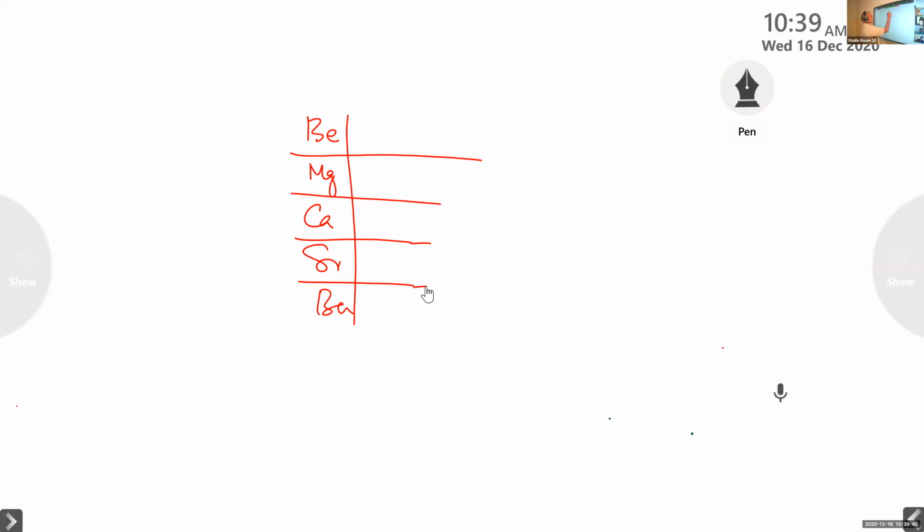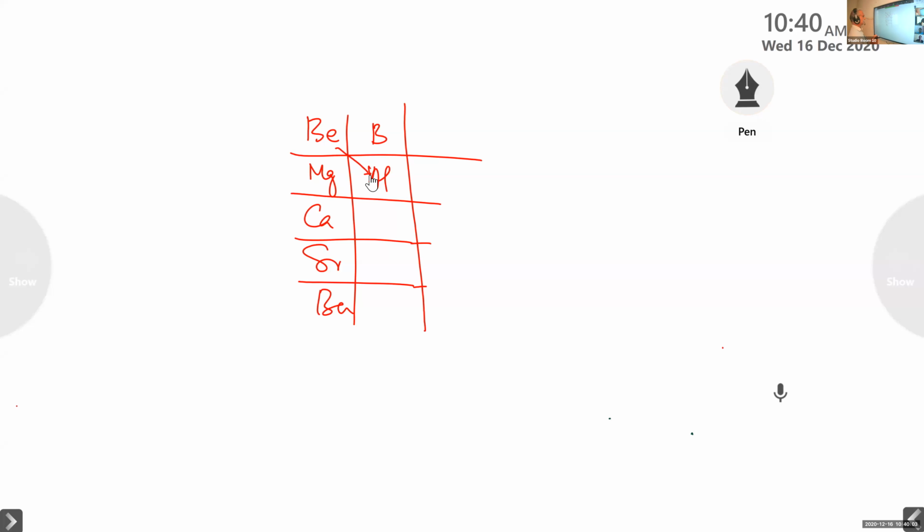Now you come to the other group. After beryllium, atomic number 5, boron. After magnesium, atomic number 13, aluminum. So now you take beryllium and aluminum.